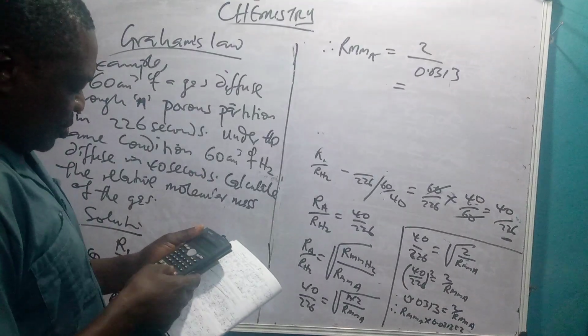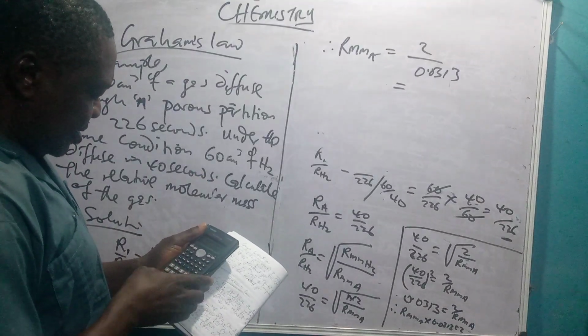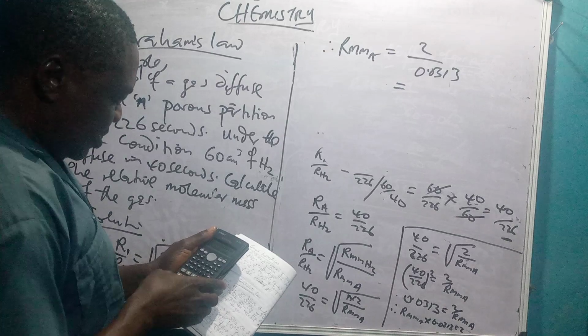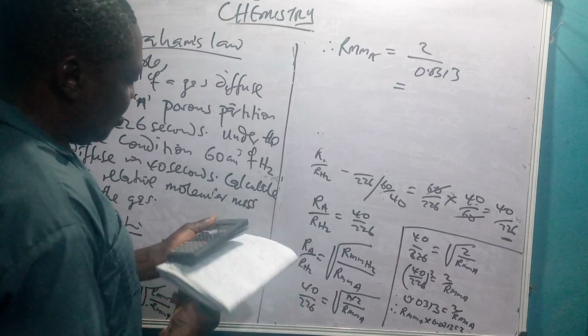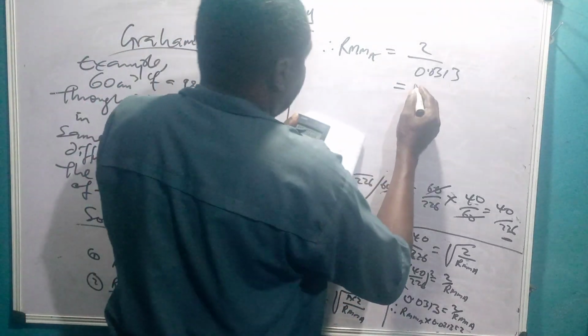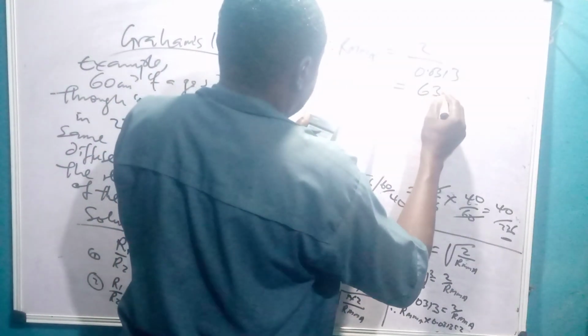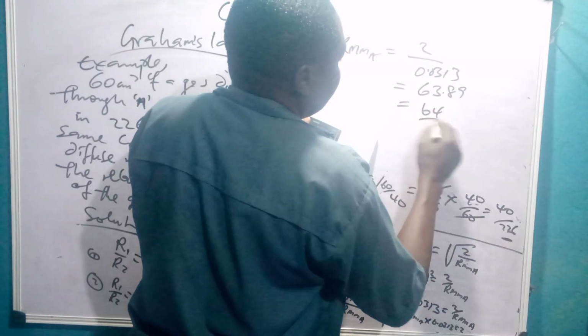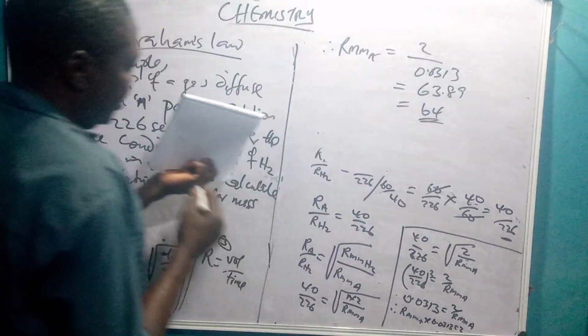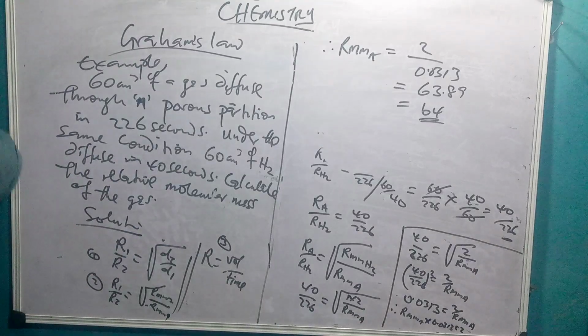I have to be very careful. So 2 divided by 0.0313 will give you 63.89, approximately 64. So that's what you have as the relative molecular mass of the gas, to the nearest whole number.